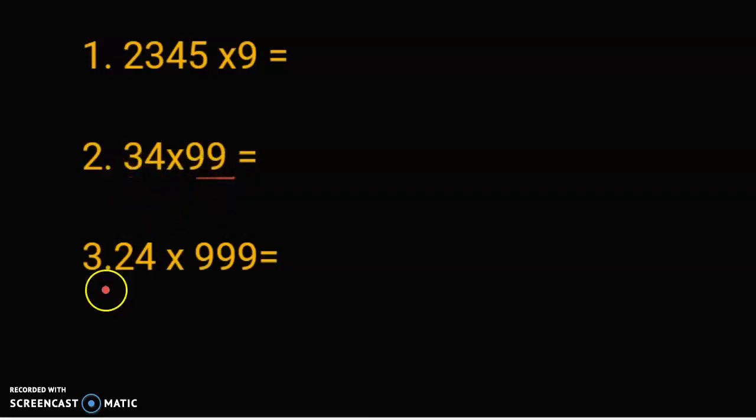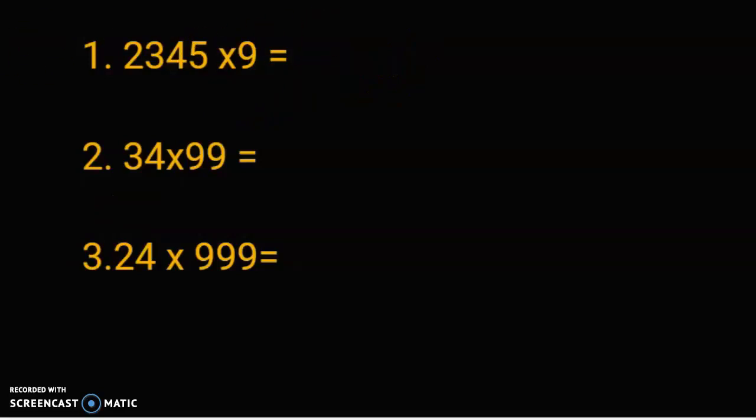Multiplicand and multiplier both are equal. But in this case, the multiplier is greater in number as compared to the multiplicand. So for all these conditions we will follow one single rule, and that will solve all these types of questions.